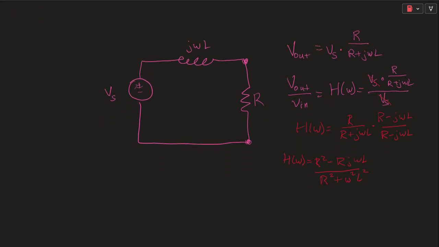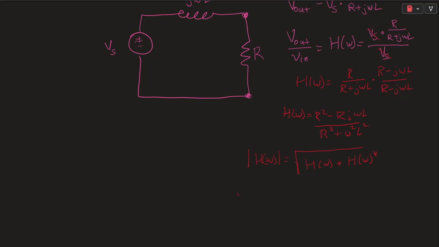Now if I want to get the magnitude of this, the magnitude of a complex number is the square root of the number times its conjugate.